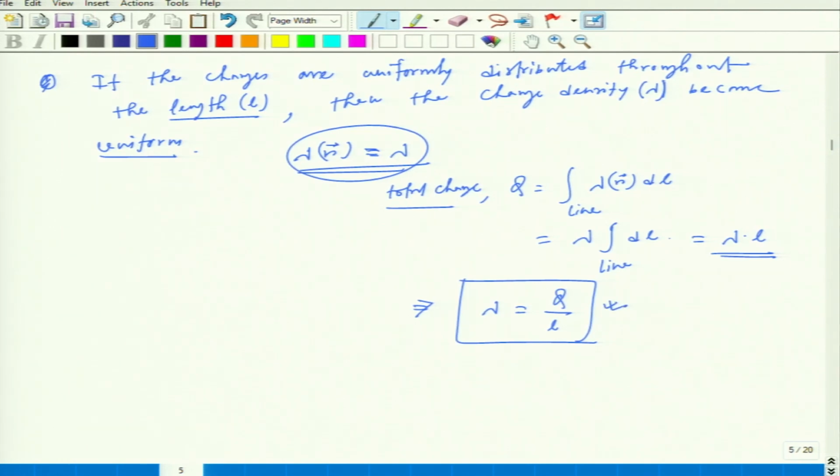Now, what is the electric field due to this charge configuration, the linear charge density lambda?